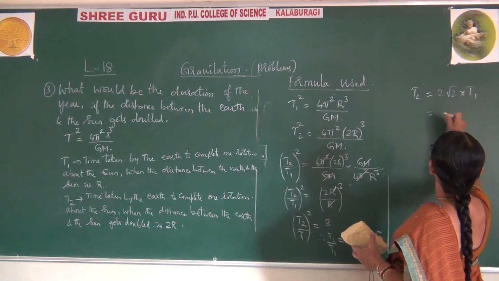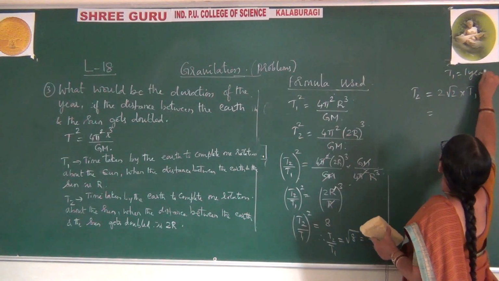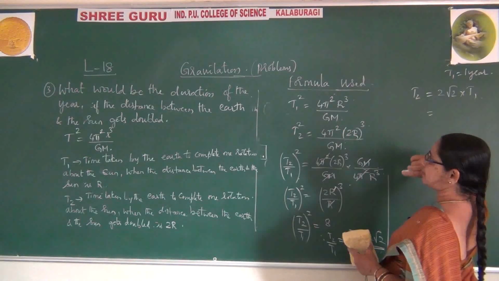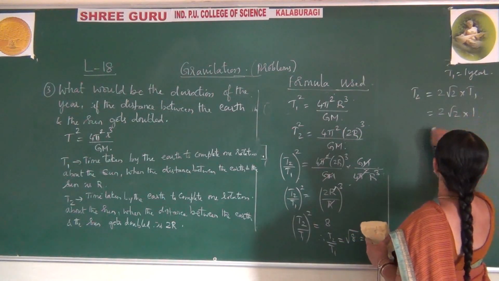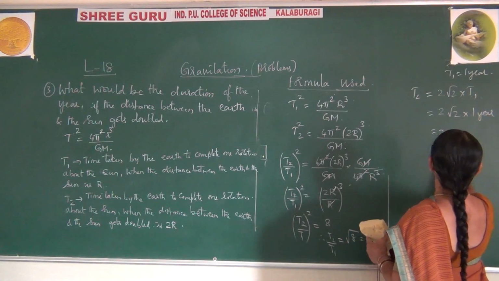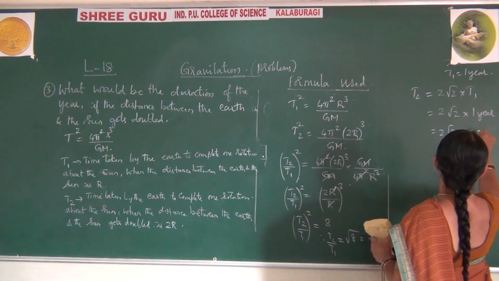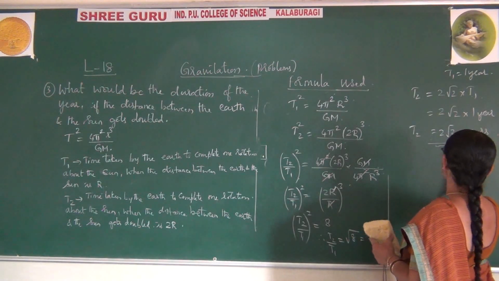What is T1? T1 is 1 year. They have given the question in years. So 2 root 2 into 1 becomes 1 year. Therefore T2 is equal to 2 root 2 years.